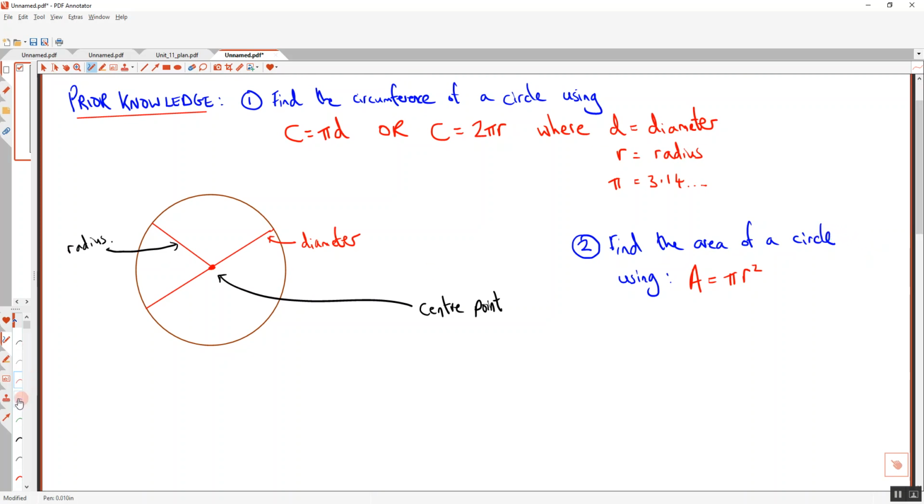All right, so we're going to leave those because this is just using a formula. You just plug the numbers in. You all remember doing that type of stuff? Yeah.